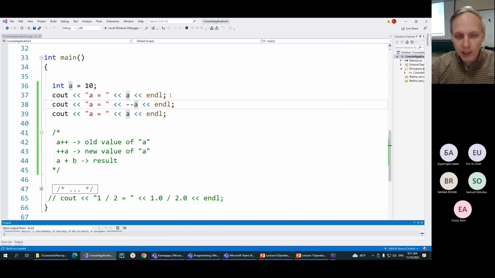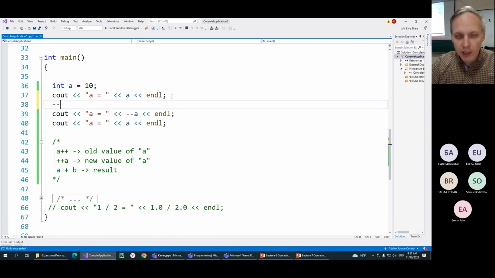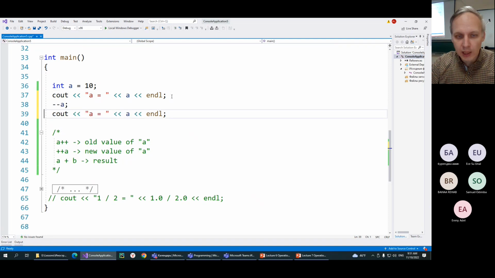But if you use these operations as standalone operations, like this, there will be no difference where you write plus plus or minus minus, before or after the operand.